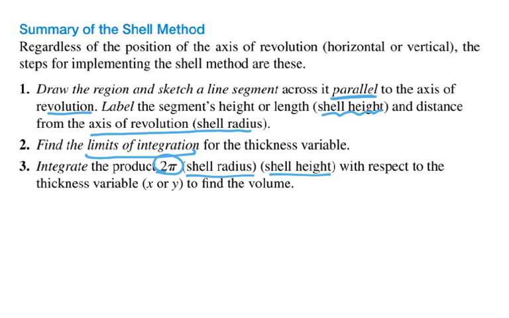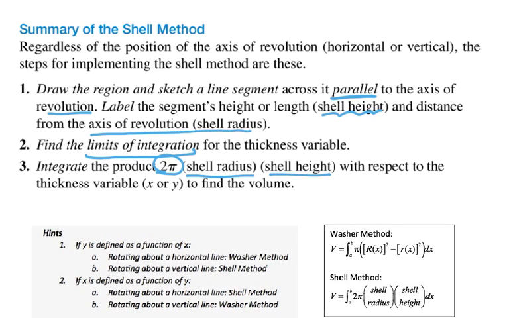We generally do a lab in class where we look at the differences between our washer and our shell method. So I've included my hints here that help us when we're trying to determine which method to use. If we have y in terms of x, if we're going about a horizontal line, use the washer method.